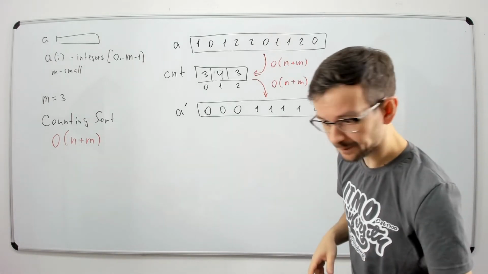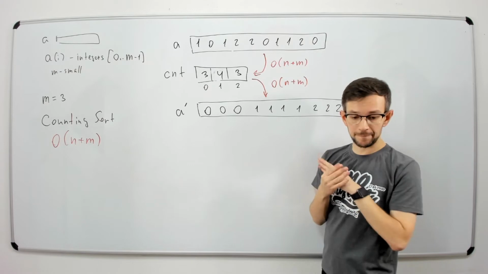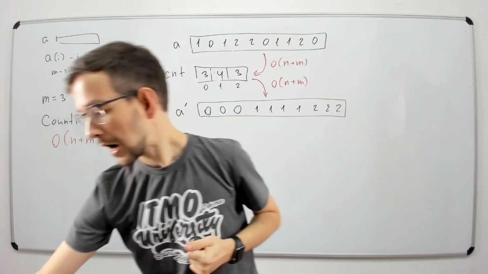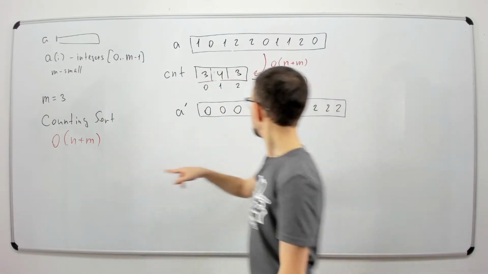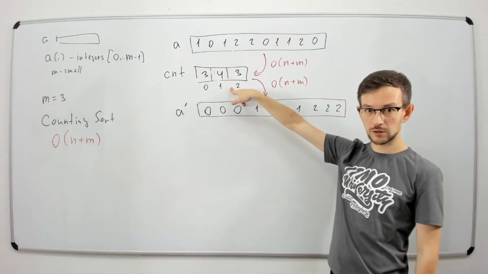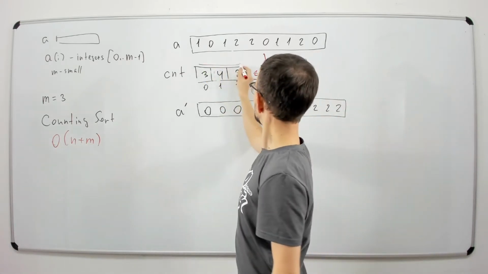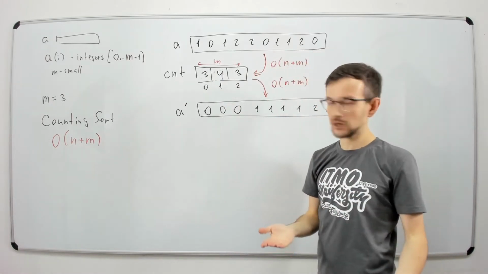Nice. What next? Let's improve this algorithm a little bit. So usually, why is it plus m? Plus m because we need to create this array, and the size of this array is m. So we need to at least create this array.